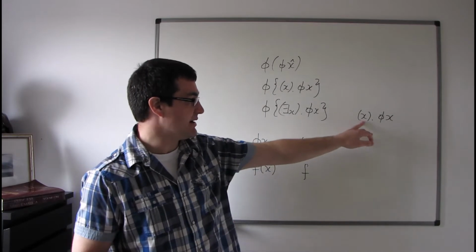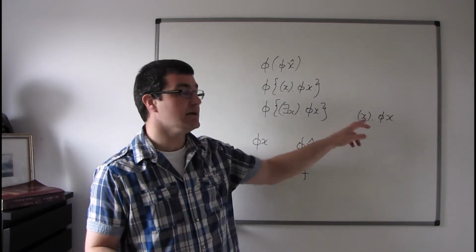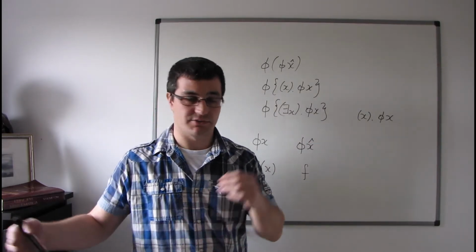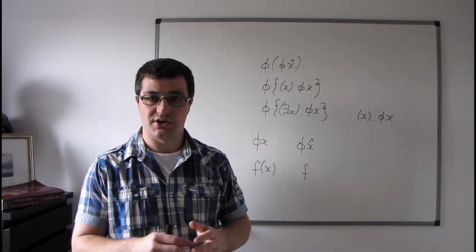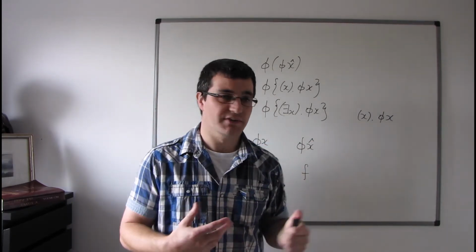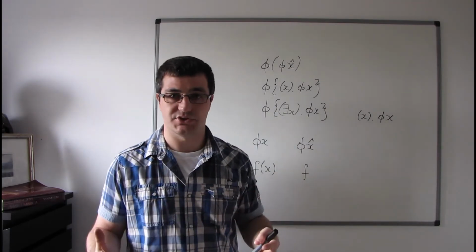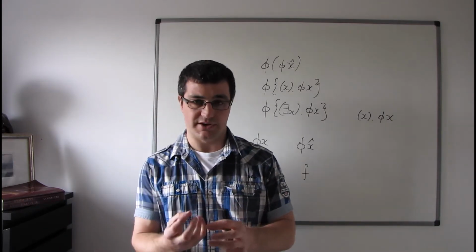So the apparent variable in this phi x always will range over the entirety of our legitimate totality. Okay, the x might represent a function, or it might represent something called an individual, which I'm going to be talking about later on in the video. So if the x ranges over individuals or functions, this gives rise to something called the hierarchy of functions, or the functional hierarchy. So certain values can go into my function.